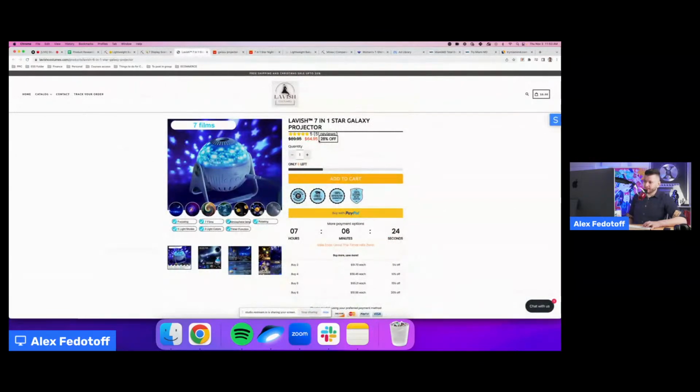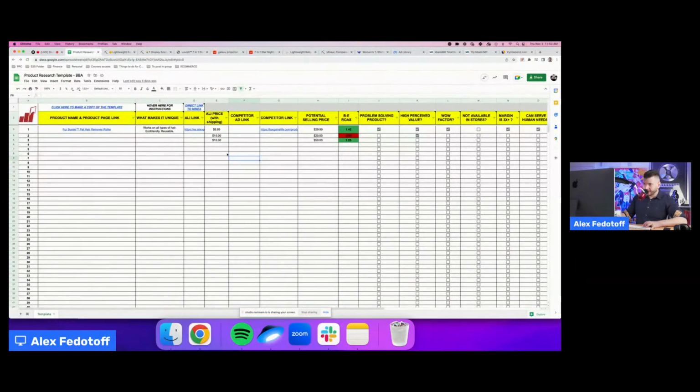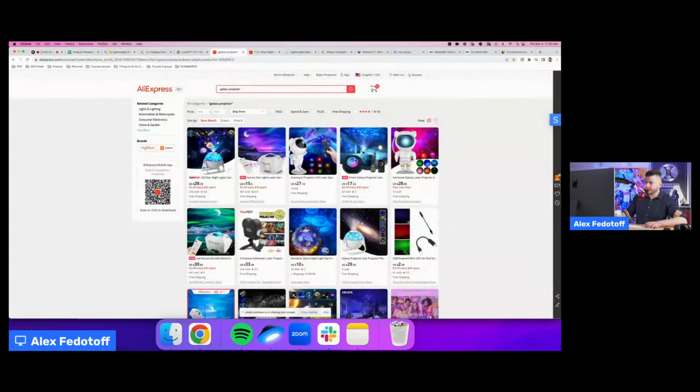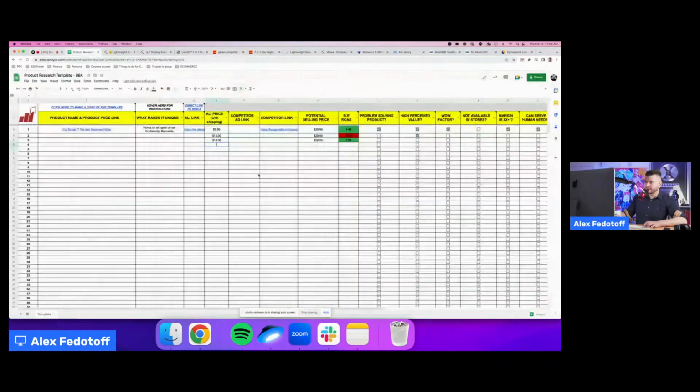If you can get the price lower, that would be awesome. $28 is pretty much a 55% margin, which is what I usually look for, as you can see here in the template. So I would put in, let's say, 29. Okay, so $29, right? Fill this template up. So $29 here, and potential selling price.